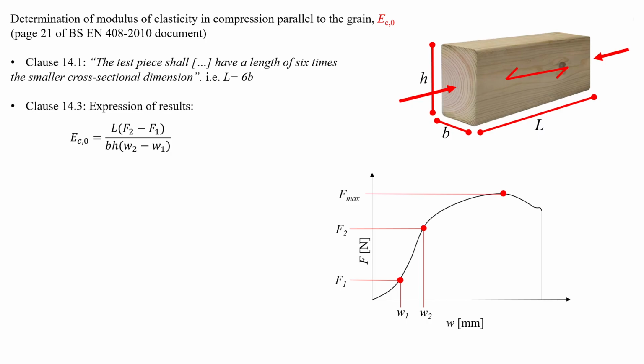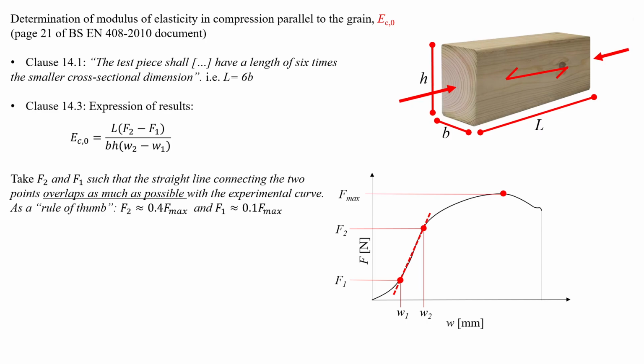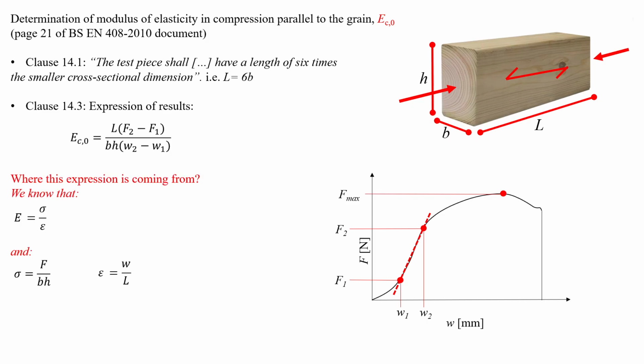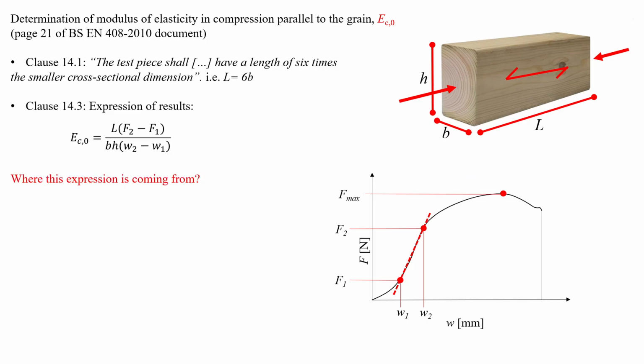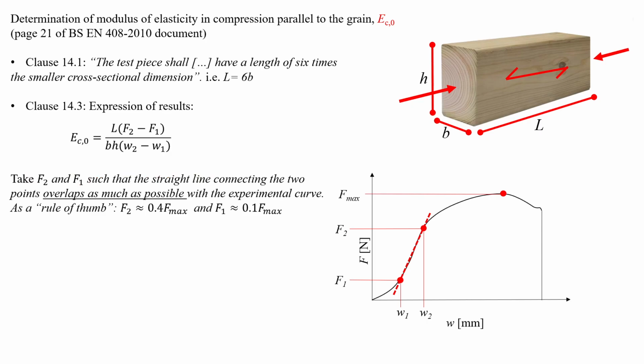Okay, so when we do this, it just means approximately. So F1 is 10% of the Fmax. This is what I would do if I were you. I would start off with F1 equals 10% of Fmax, and F2 equals 40% of Fmax.